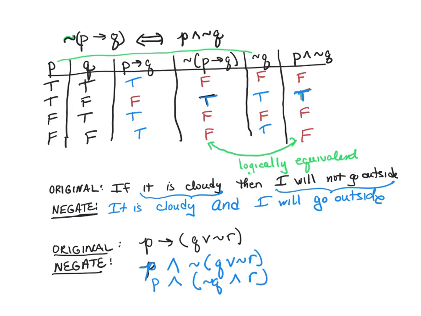So let's summarize what we've done today. We looked at a conditional and looked at three special conditionals formed from every conditional. And that's the converse, the inverse, and the contrapositive. And we proved that the original conditional is logically equivalent to its contrapositive. I mean, that is the highlight of the lesson.